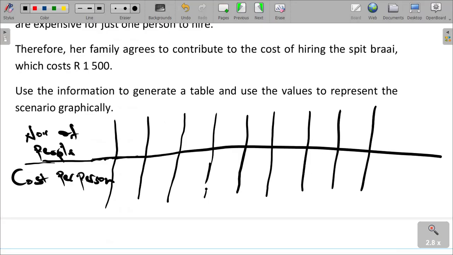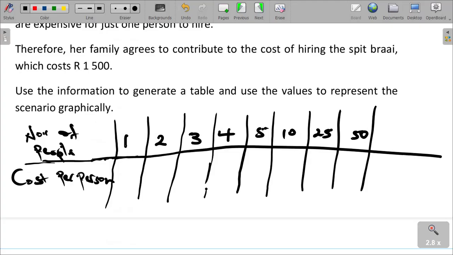So for the number of people, we can say 1, and from 1, 2, 3, 4, I can say 5. I can skip other numbers. We can say 10, 25, 50.